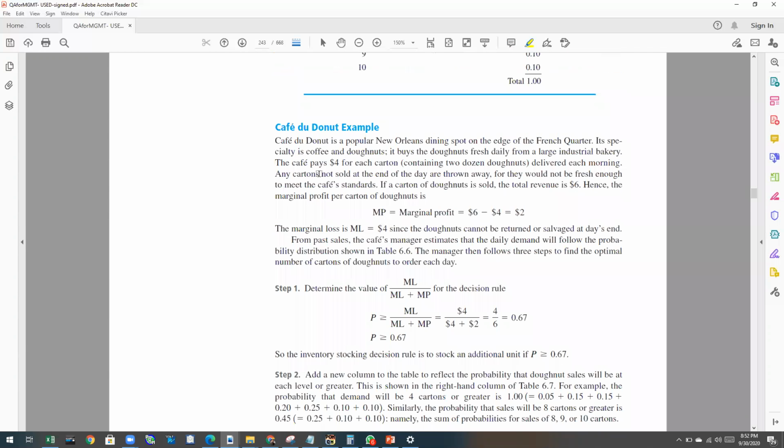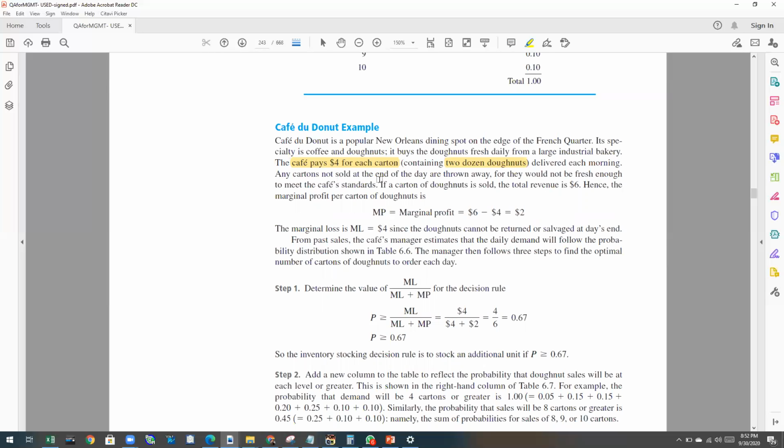Let's look at an example here, the Cafe du Donut example. This is a donut shop in New Orleans. It specializes in coffee and donuts. The cafe pays $4 for each carton containing 2 dozen donuts. They're delivered every morning.